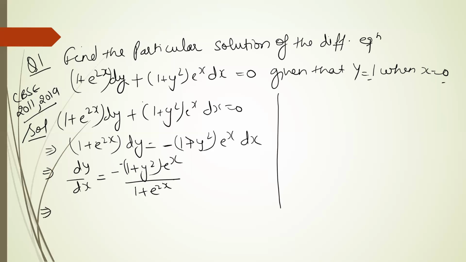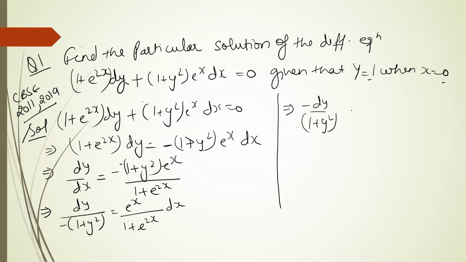This can further be written as dy upon minus of 1 plus y square equals to e to the power x upon 1 plus e to the power 2x dx, right? Further, this can also be written as minus of dy by 1 plus y square equals to e to the power x over 1 plus e to the power 2x dx.